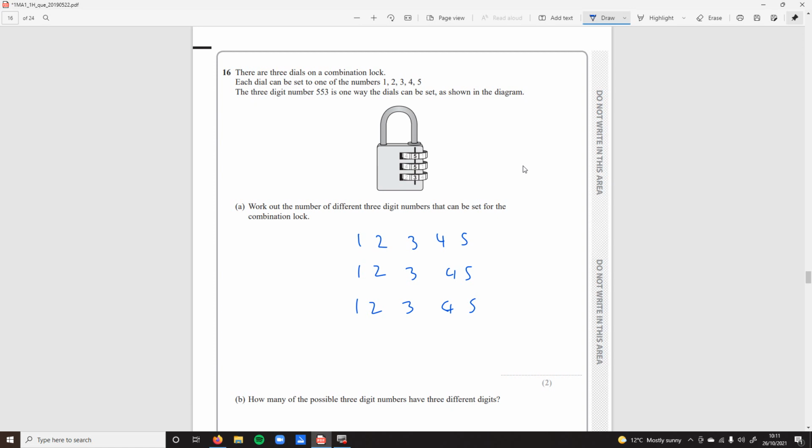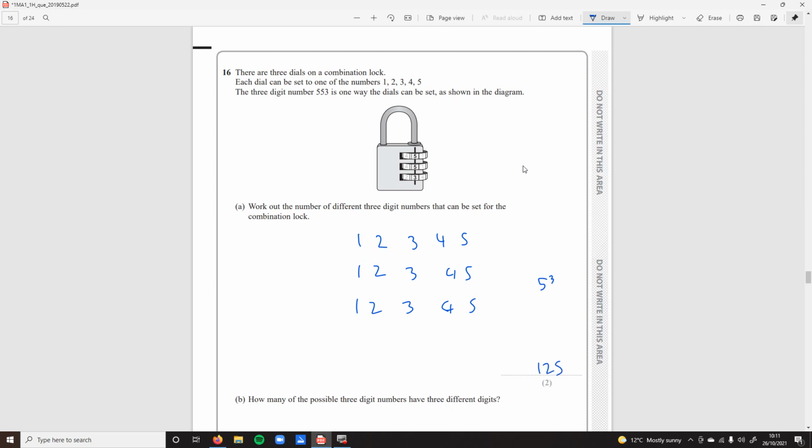It's not 125, is it? Not just 5 cubed. I don't think it is though. Because for each number, I'm gonna go 5 cubed.